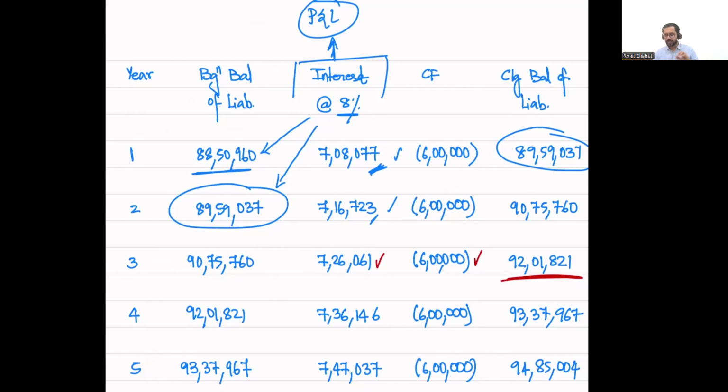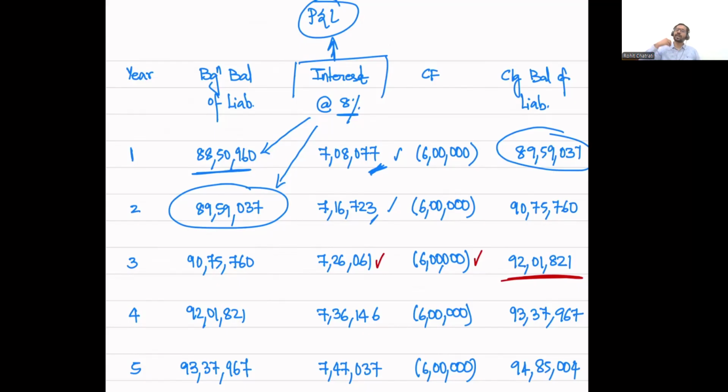Now, if the bonds are converted into equity shares at the end of the third year, after year 3, I no longer have any liability to pay cash because it is now converted into equity. I am not going to pay the cash of 6 lakh rupees of coupon either. Coupon will be paid only if bonds are outstanding. But now these bonds have been converted into equity shares at the end of the third year.